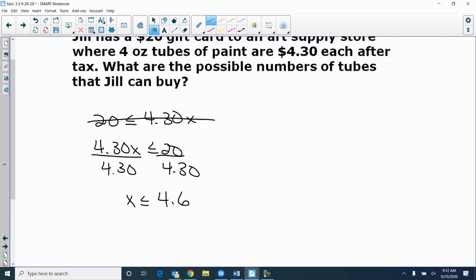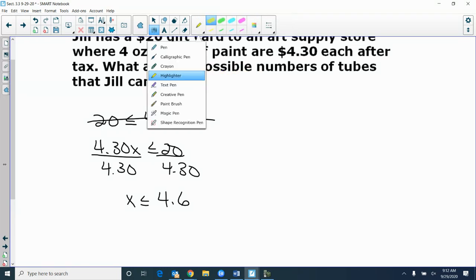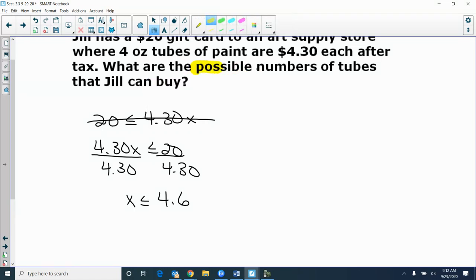Yeah, it just says, what are the possible numbers of tubes she could buy. So she could buy 1, she could buy 2, she could buy 3, or 4 tubes of paint.